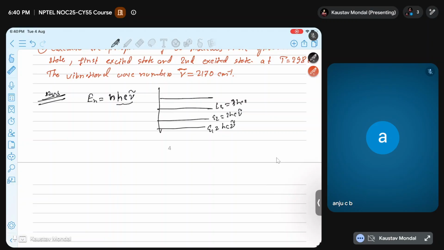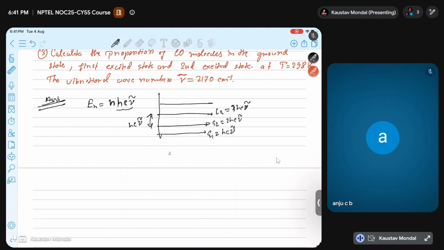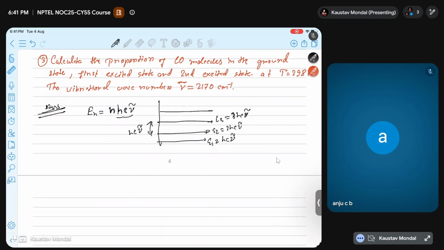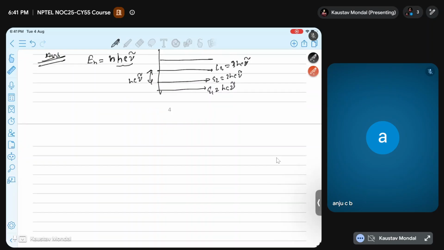As you can see, each energy level is an integer multiple of hc nu tilde, and the energy difference between each of the levels is hc nu tilde. So we can consider the vibrational energy system of a molecule as a uniform ladder, a uniform energy ladder.